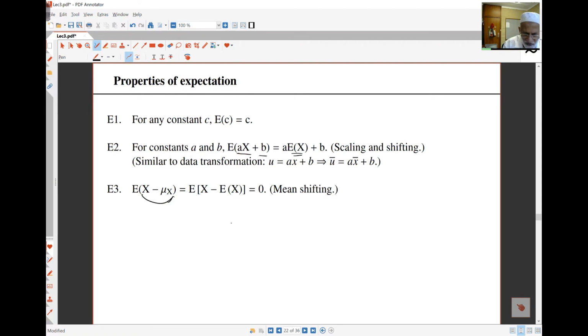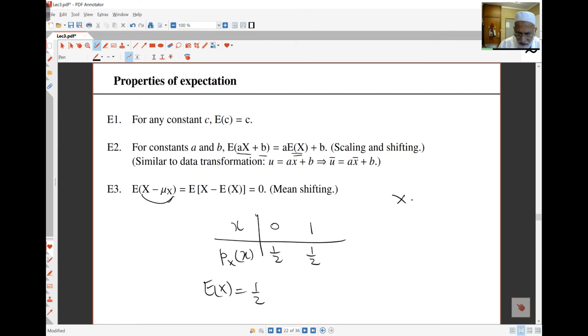If I take a simple case here, where x takes values 0 and 1 with probabilities a half each, I know from the previous examples that E of x works out to be a half. If I look at x minus a half, then the values are negative a half and a half, and the probabilities are still a half and a half.